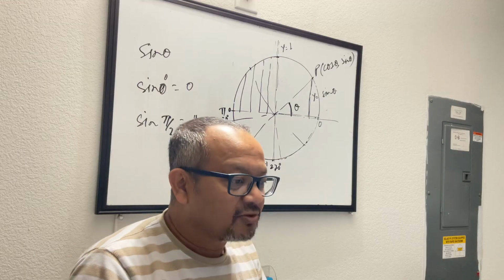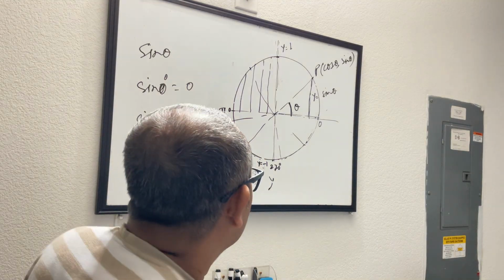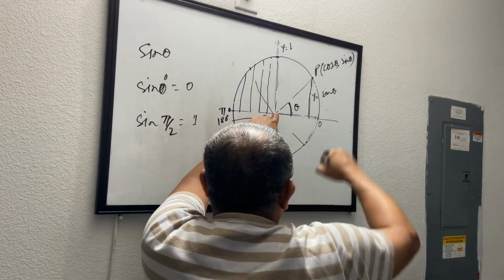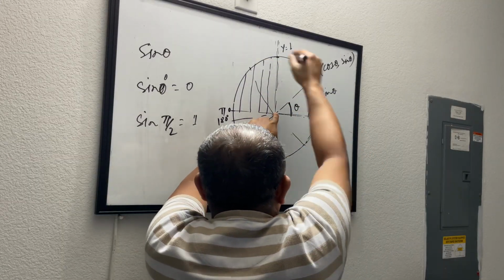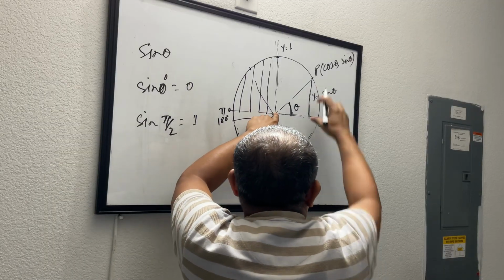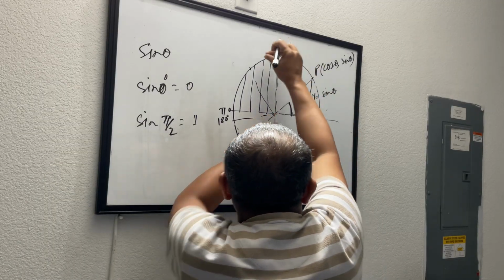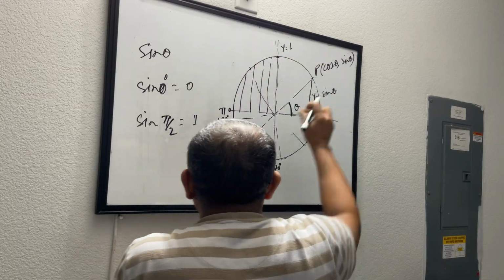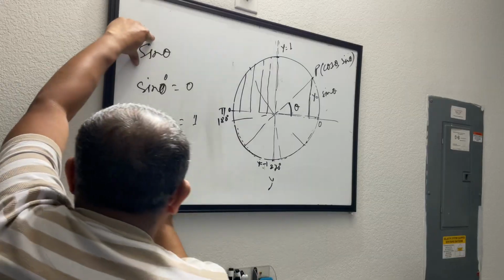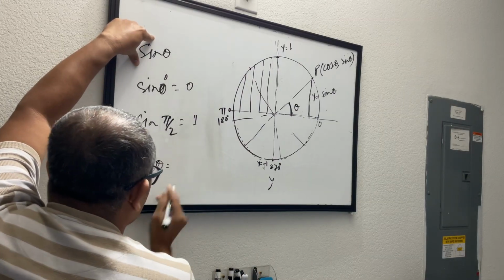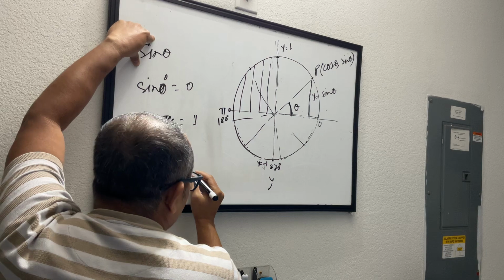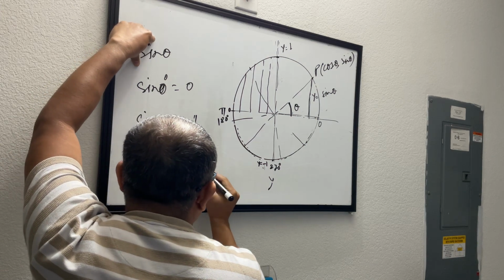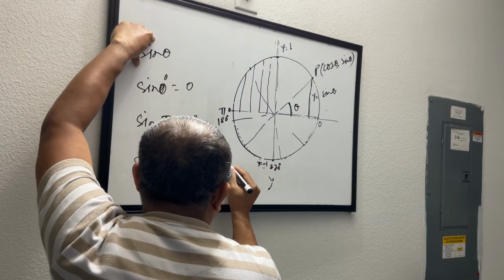So what I'm trying to convey is that no matter how many times I revolve around this circle, along this perimeter, my y value, the sine theta value, starts from 0, goes to 1, decreases, goes to minus 1, comes back to 0, and again increases. So basically my sine theta value hovers between minus 1, 0 and 1.